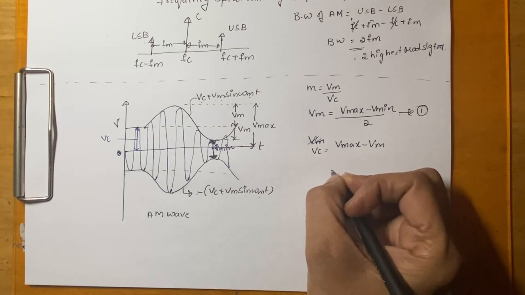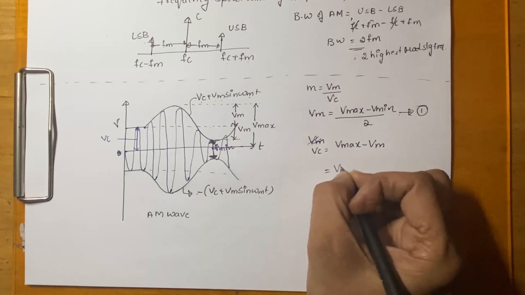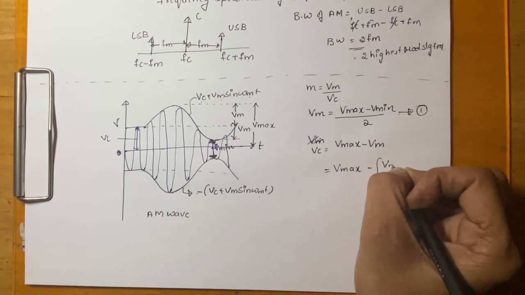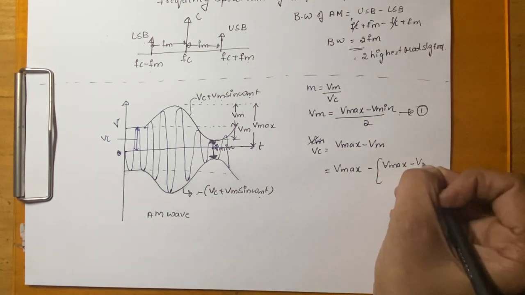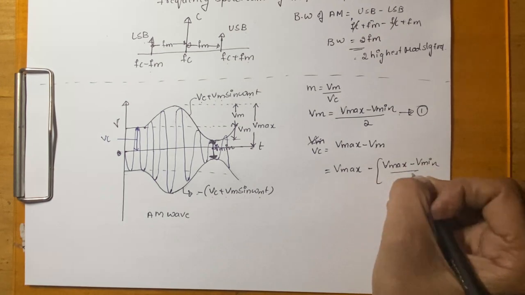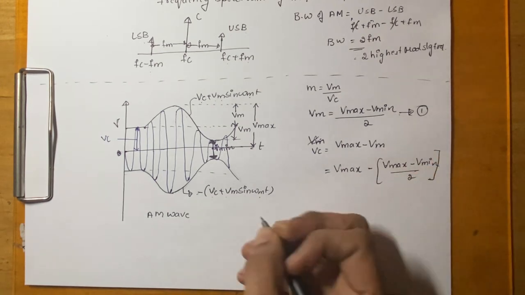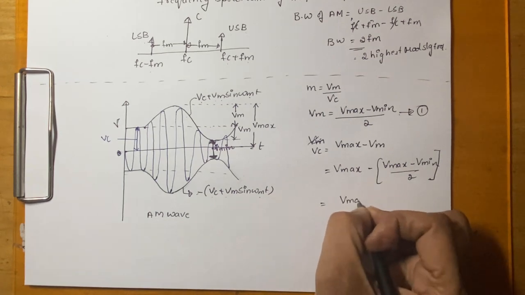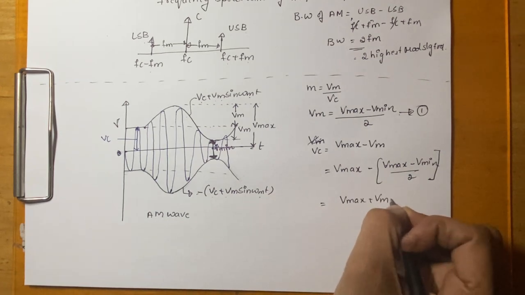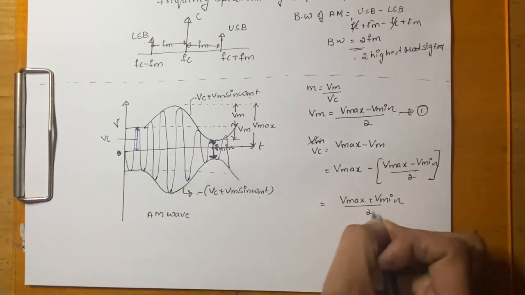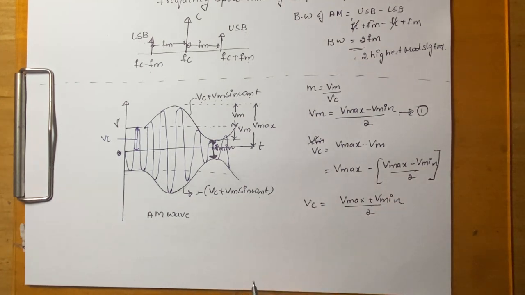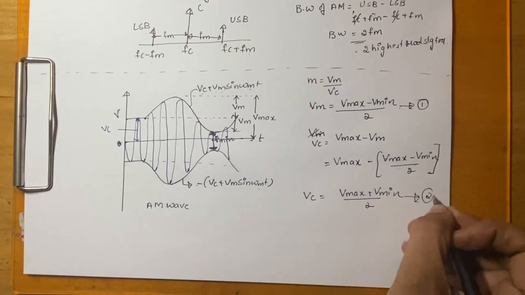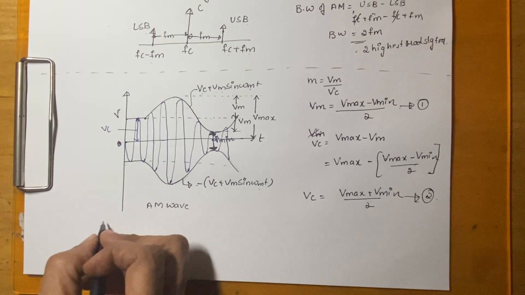Substituting for Vm, we can rewrite this as Vmax minus of Vmax minus Vmin divided by 2. Solving this, we'll get Vmax plus Vmin divided by 2. That is Vc is equal to Vmax plus Vmin divided by 2. Name this one as equation 2.